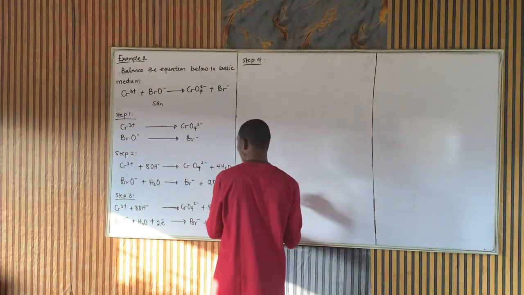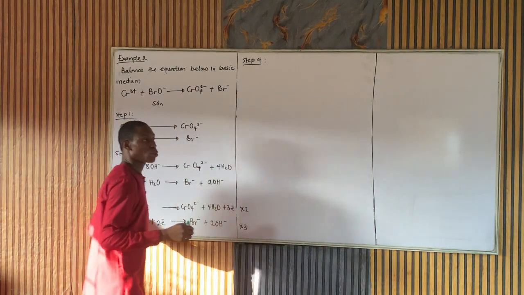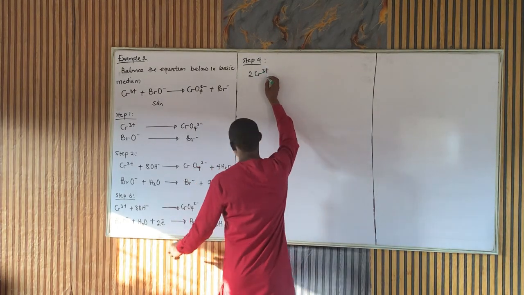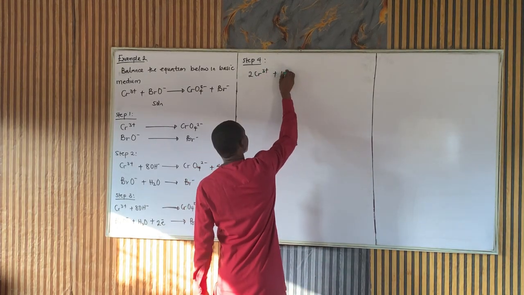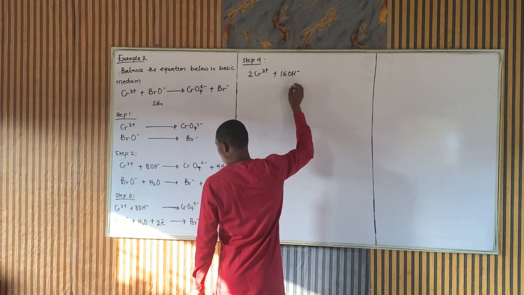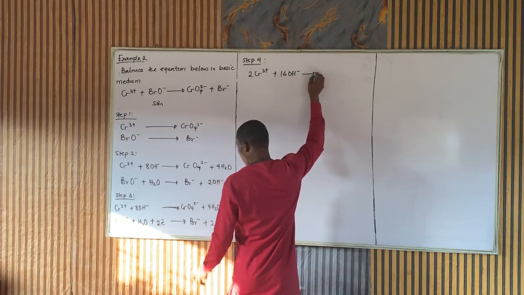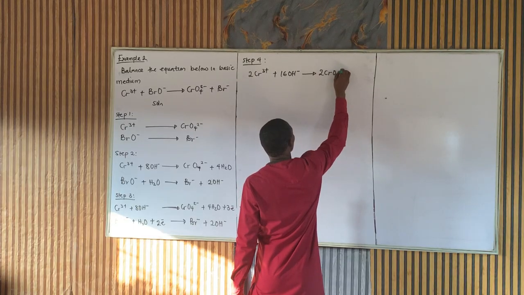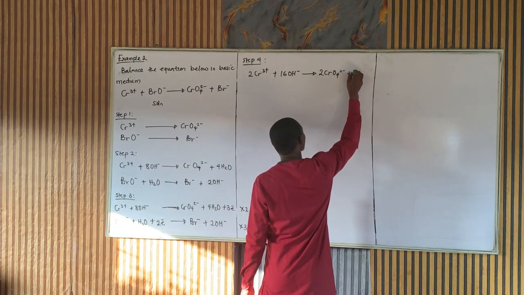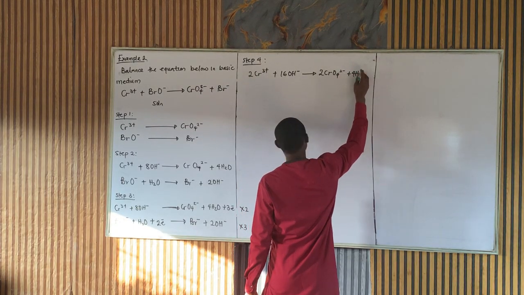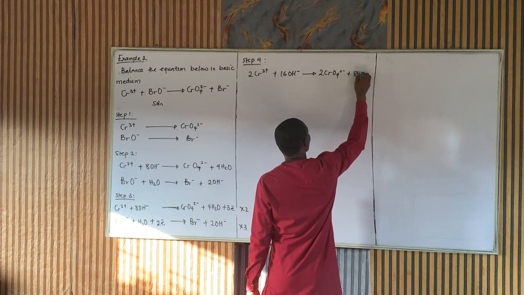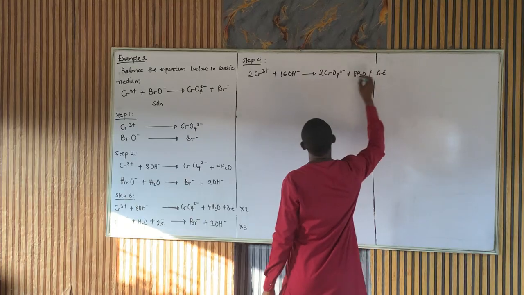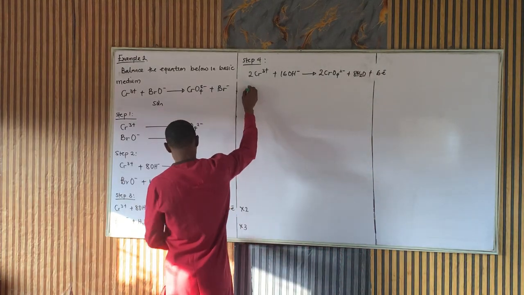Now, if you multiply here by 2, that will give me 2 Cr3+ plus 16 OH- to give 2 CrO4 2-, then plus 4 molecules of water, 8 now, then plus 6 electrons. And right here, you multiply by 3.